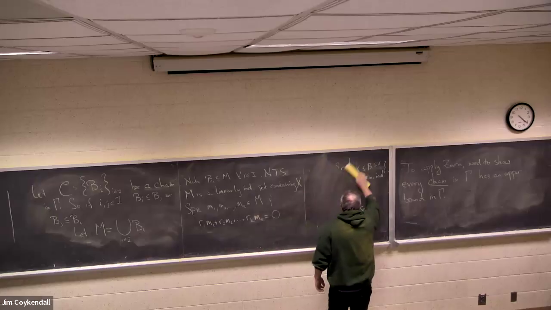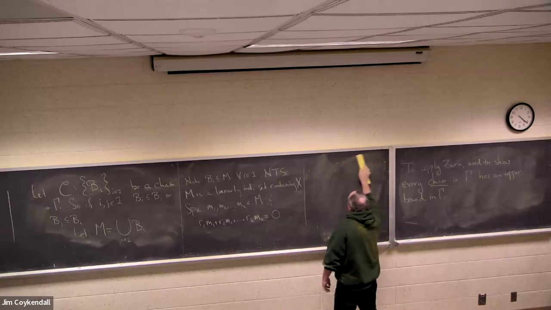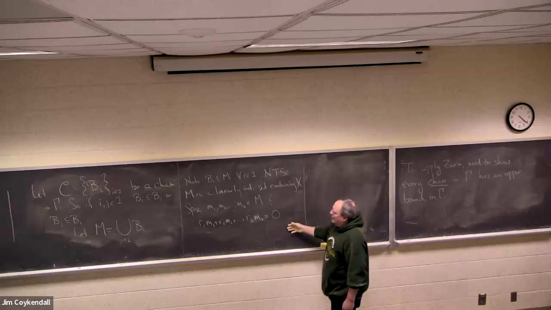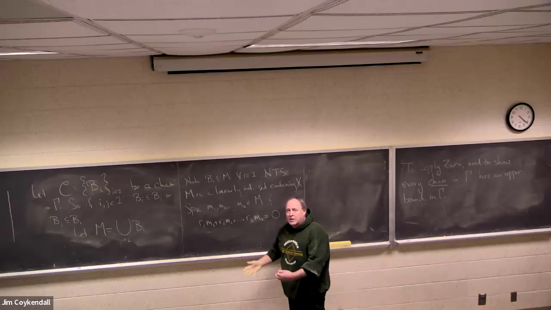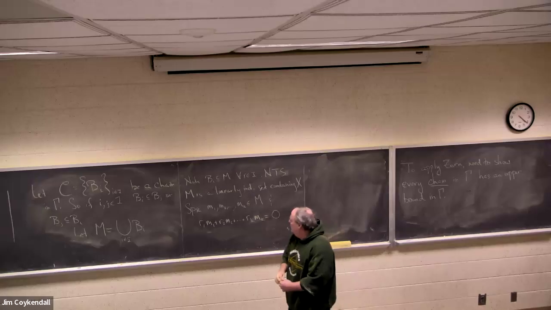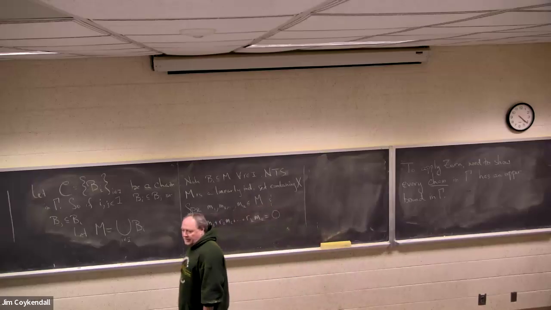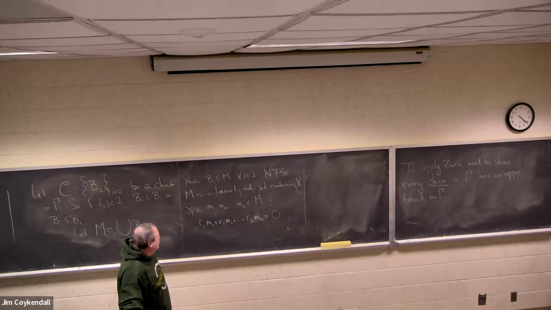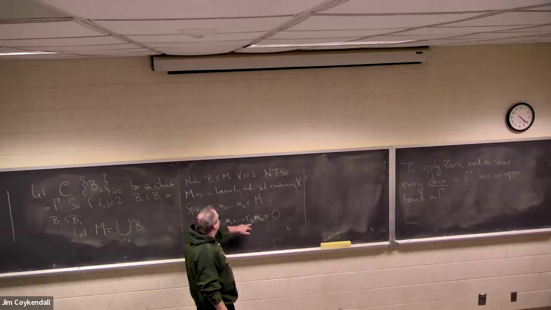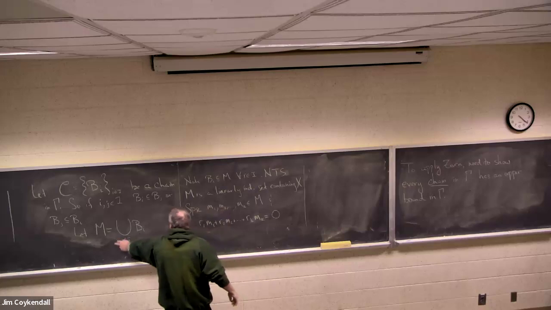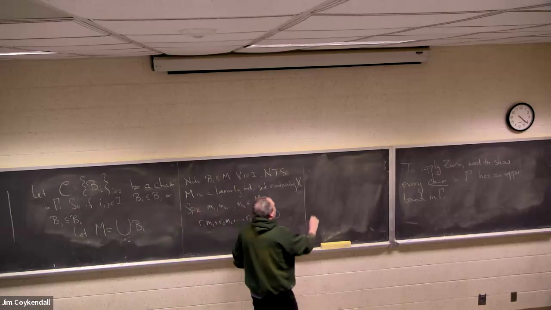Well, of course, what I need to do is show that all the r_i must be 0, because my goal here is to show that this is a linearly independent set. So whenever I have one of these finite relations, all the r_i should be 0. Now, I don't know much, but I do know that each of these m_i comes from M, which is this union.